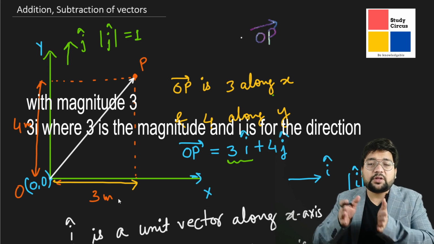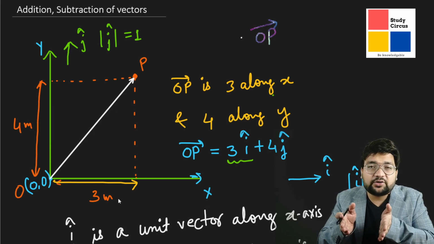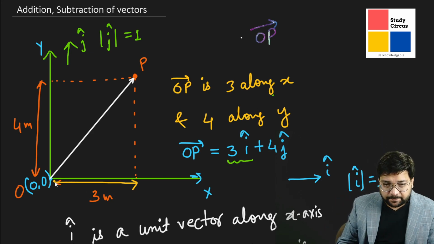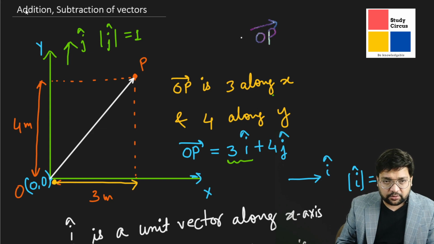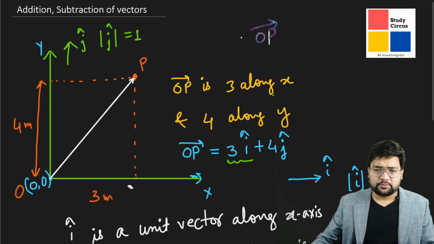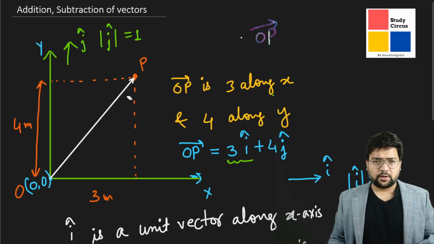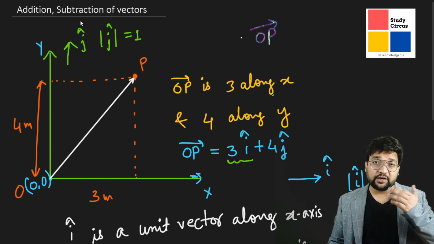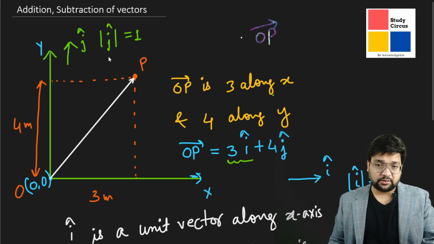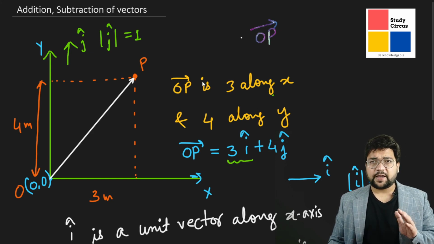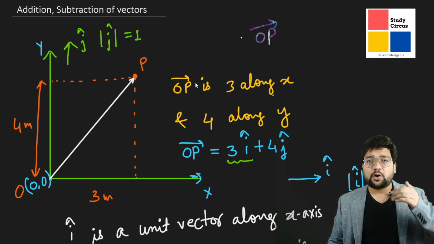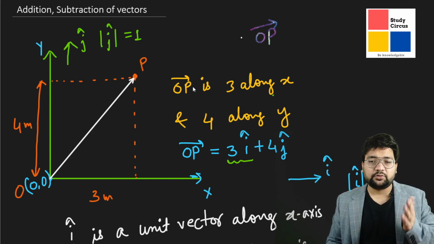Okay, 3 times i cap. i cap is for the direction. i cap tells you that the direction is along the x. What is this 3 i cap? Like we did in the previous session, we saw that i cap is a vector with magnitude 1 along x. 3 i cap is still along the x direction but with magnitude 3, okay, 3 times i.